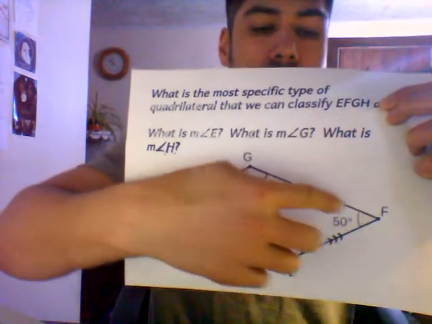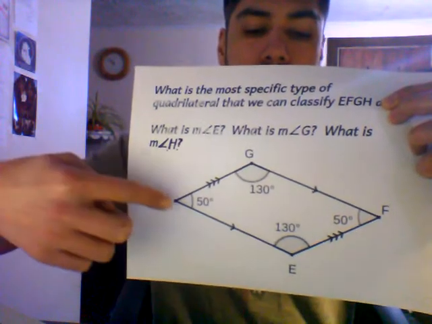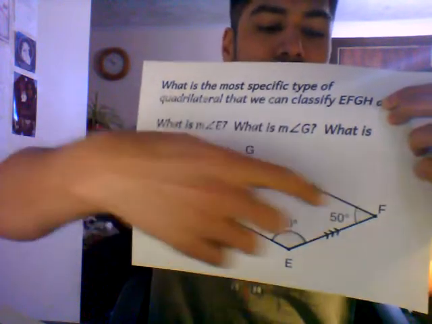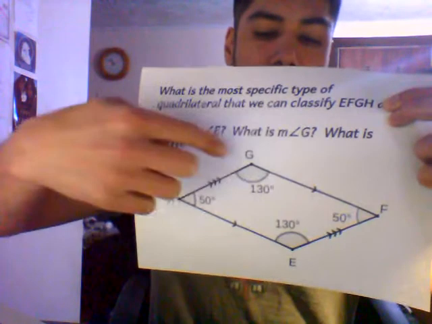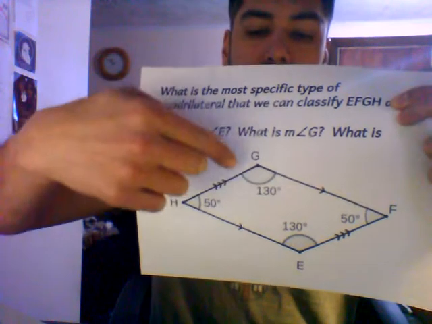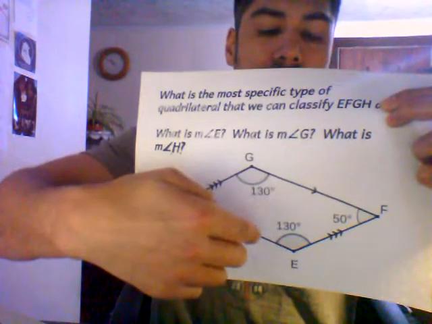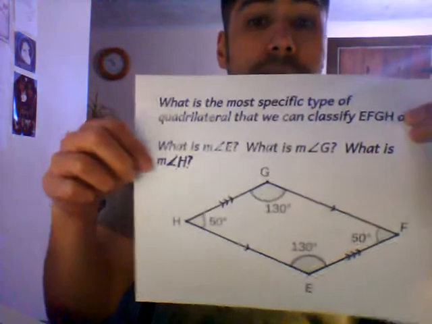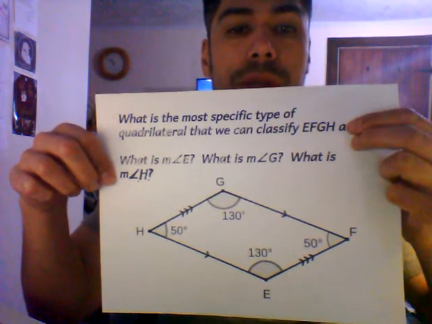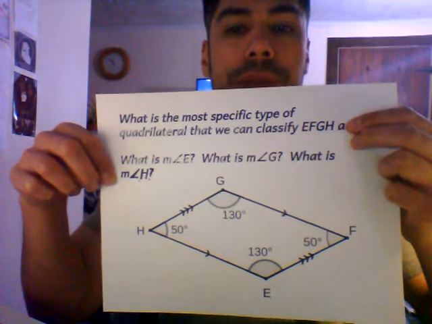And because segment FG and segment EH are parallel, we know that angle G and angle H have to be supplementary, and angle F and angle E have to be supplementary, because this is a parallelogram. And this leads to the property of parallelograms where our opposite angles are congruent to each other. So we can see angle H is congruent with angle F, and angle G is congruent with angle E.